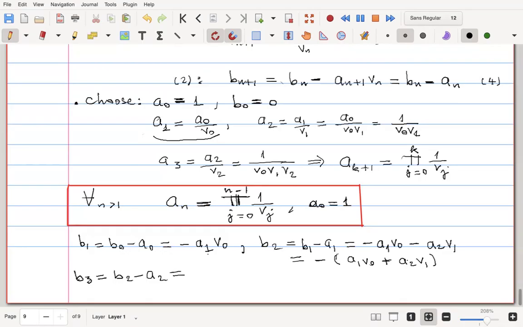This is the expression of b_2, so that's negative a_1 v_0 plus a_2 v_1 minus a_2. From this expression, a_2 here in the numerator will be the product a_3 v_2.